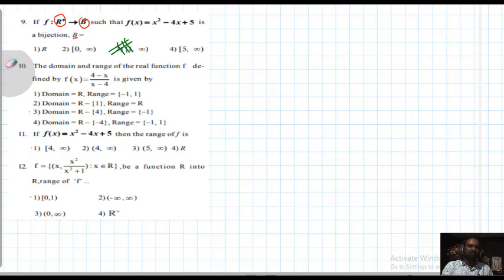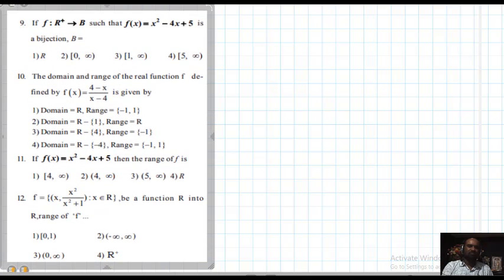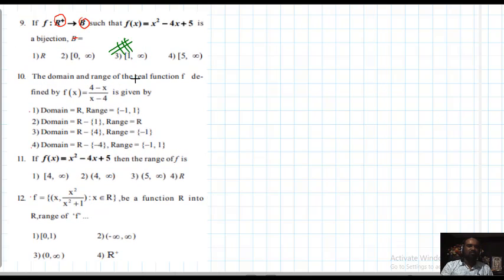Okay students, next problem. The domain and range of the function defined by this is given by, this model is already completed. Domain means all real numbers except 4. Where is that? Here, this third one. So obviously the answer should be 3.